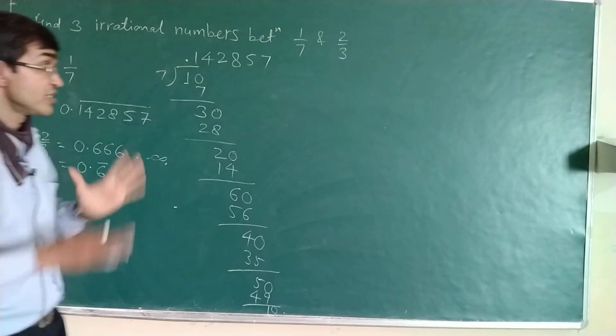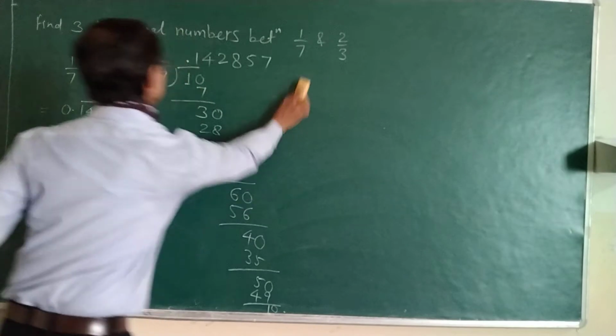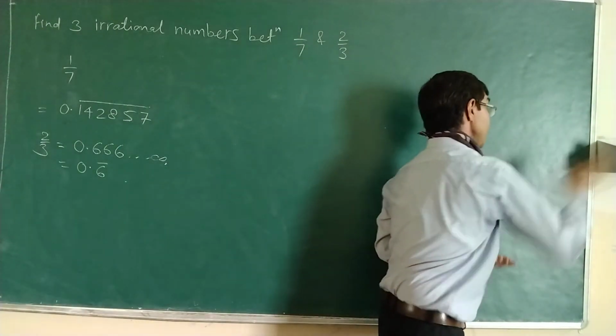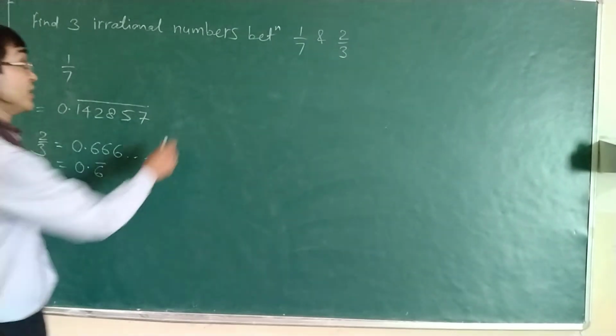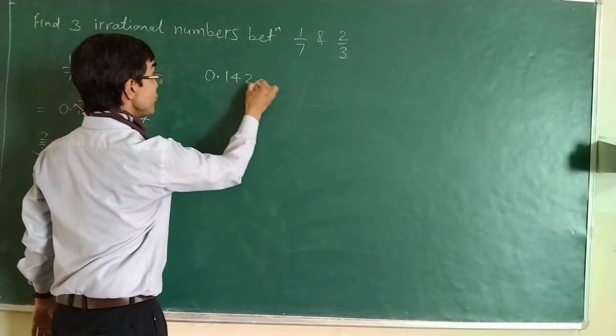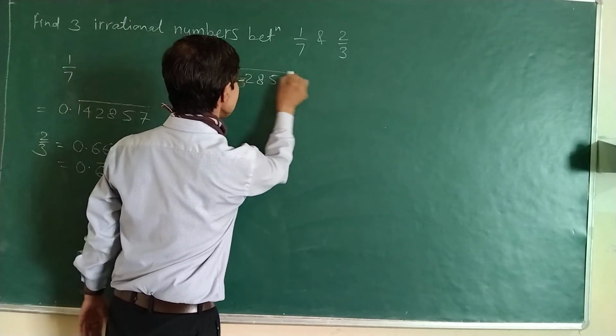So how will you find? Just see carefully. Here 0.142857 bar, means this is recurring.